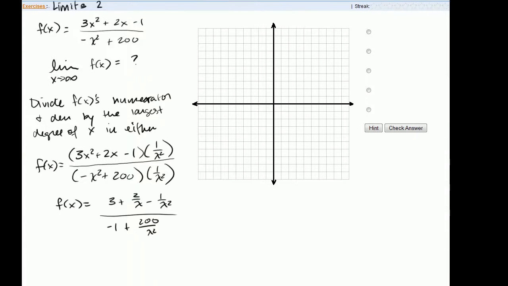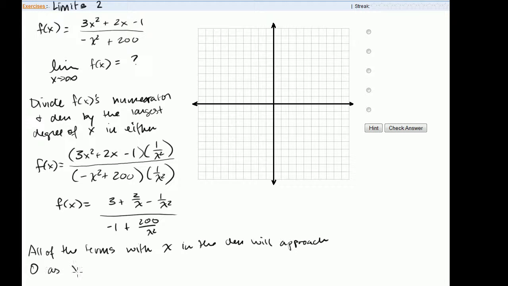And then if they click hint again, all of the terms with x in the denominator will approach 0 as x approaches infinity.